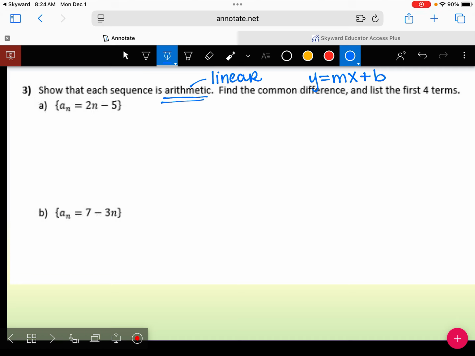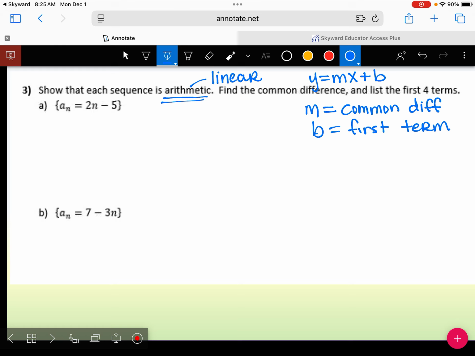Now, when it's in slope-intercept form, M is your common difference. And B is your first term. So when you look at this, do you notice how it's already written in slope-intercept form.